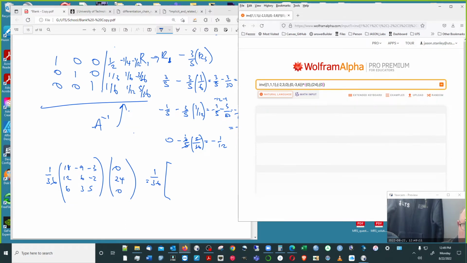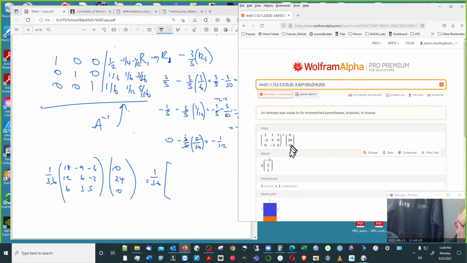So that should be the inverse times the column vector, which is 0, 24, 0, and so we get the results that we were looking for. Which is minus 6, 4, and 2. So that'll give you the correct answers if you do it that way.